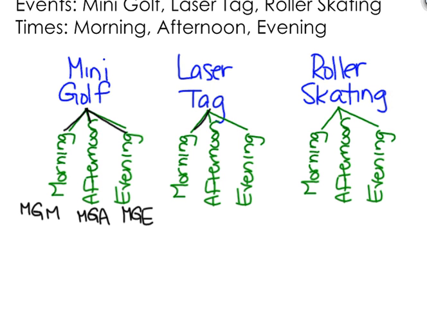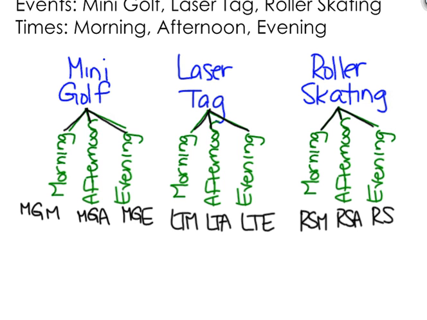So laser tag in the morning, laser tag in the afternoon, and laser tag in the evening. And then last set, roller skating in the morning, roller skating in the afternoon, and roller skating in the evening. So each of these represents one possible outcome if I'm randomly selecting a time and activity for a birthday party.